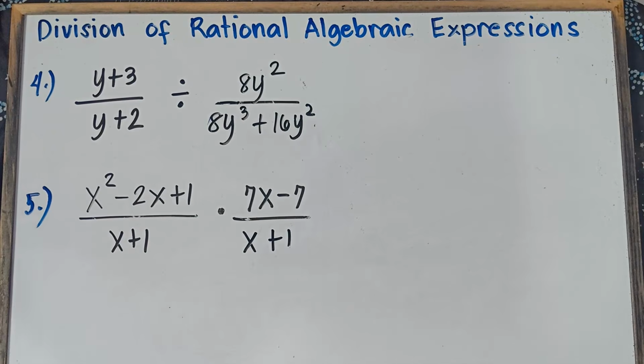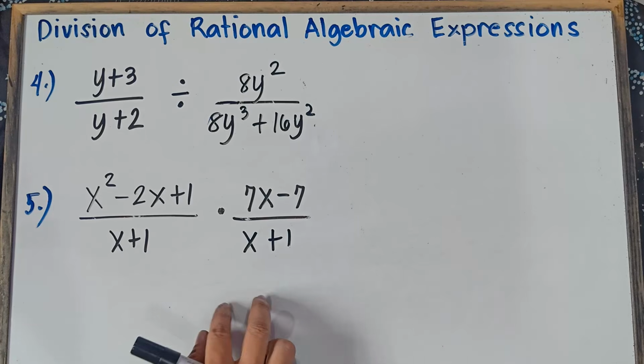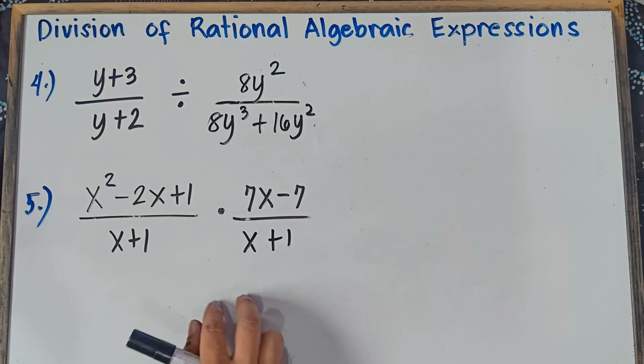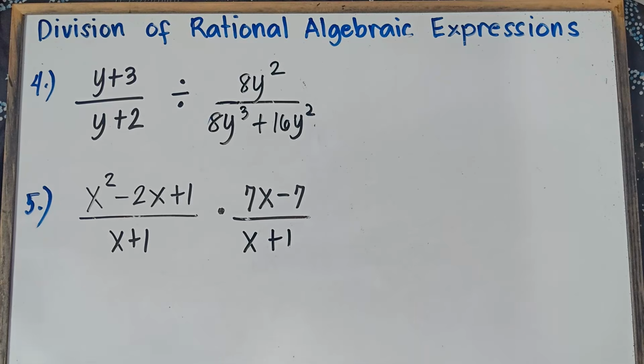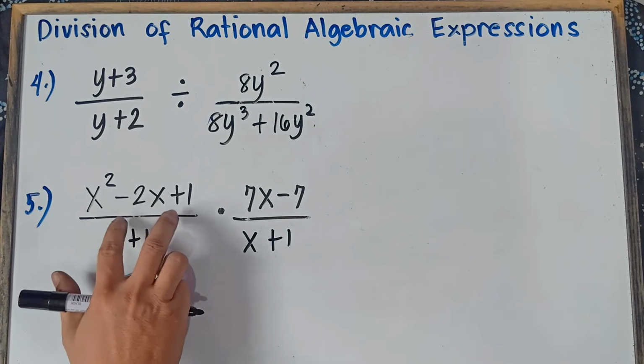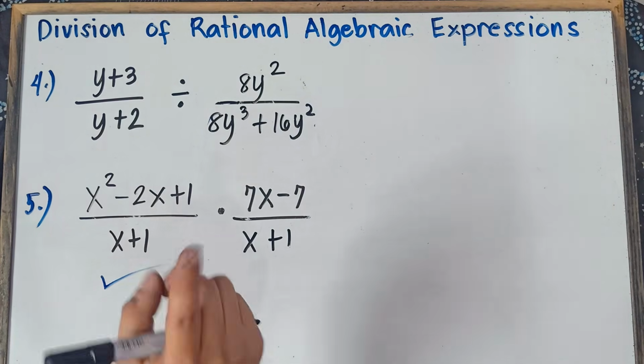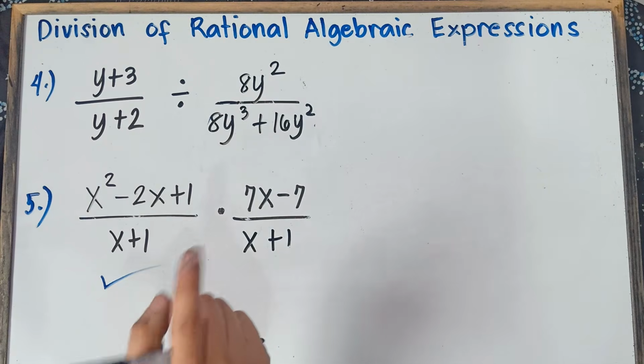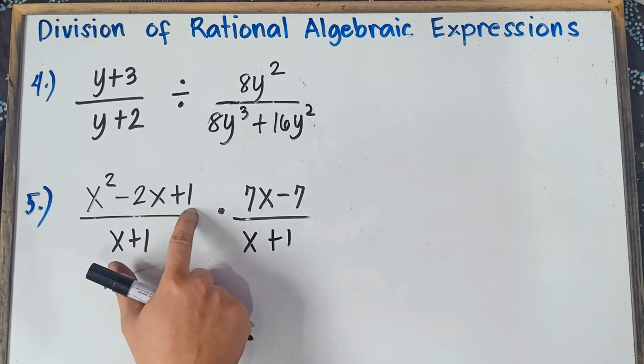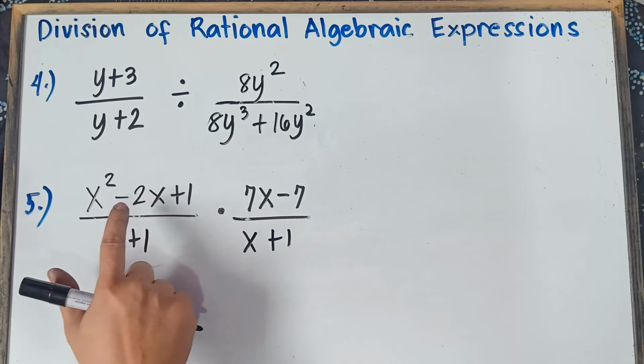Now, how about you try this one, class, answering number 5, and then you put your answer on the comment section down below. Let me check, class, if you really understand our topic. So for number 5, I will give you a clue. You find the factors of this one. You think of two numbers that when you multiply the two numbers, you will get 1. When you combine the two numbers, you will get negative 2.